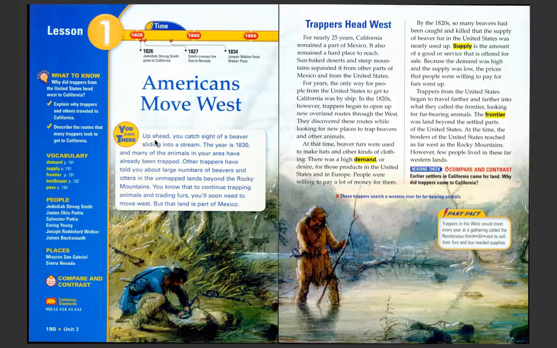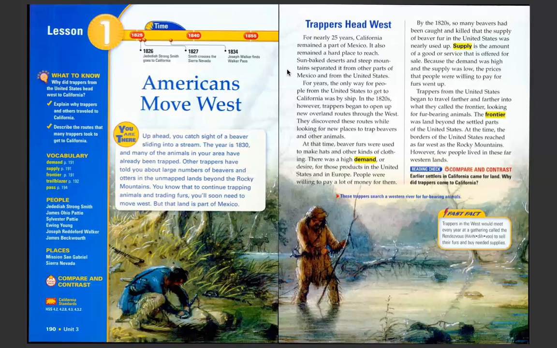You know that to continue trapping animals and trading furs, you'll soon need to move west. But that land is part of Mexico. Okay, so heading west, you know that California, we are on the west coast. So here we go. Trappers head west.